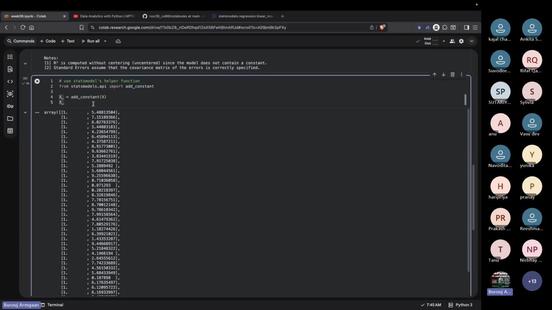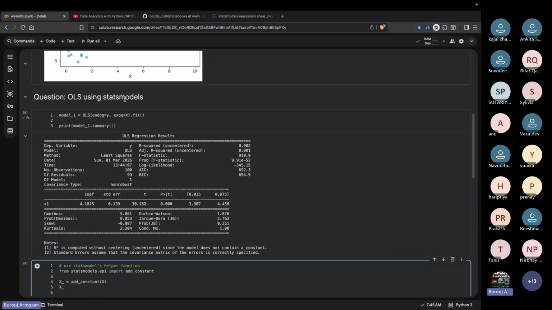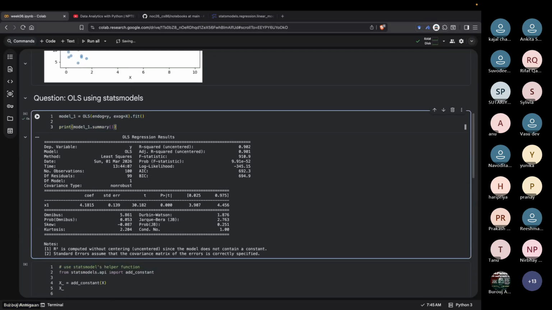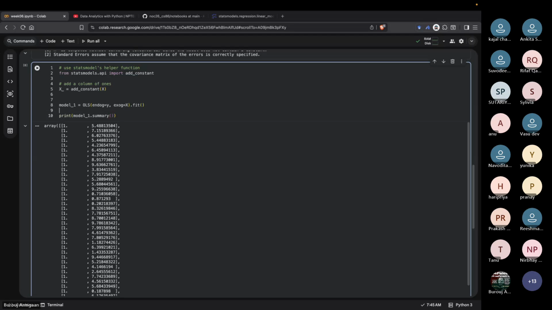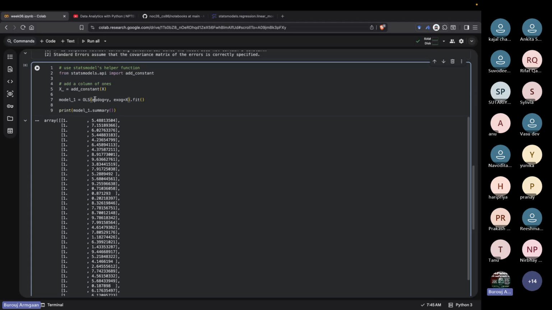If you train your model the same way using this, we say again, endogenous is y, exogenous is x, and has constant is equal to true.